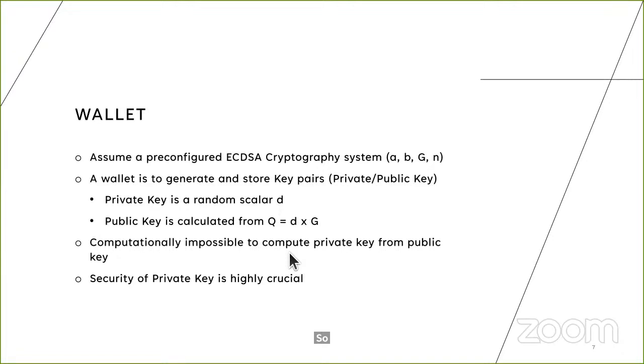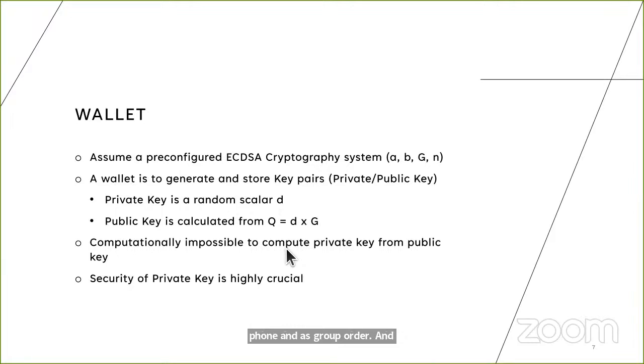What is a wallet? A wallet, in fact, is a system that is configured with an ECDSA cryptography system with pre-configured parameters: a and b as the curve coefficients, G as base point, and n as group order.